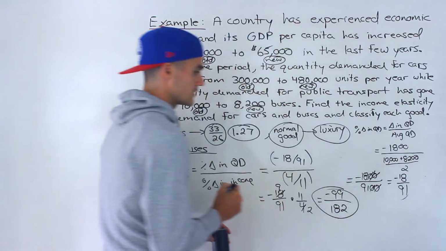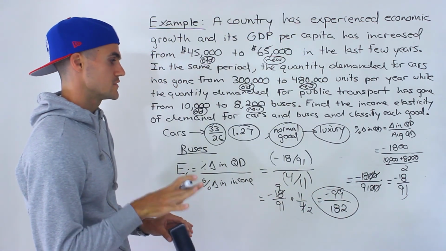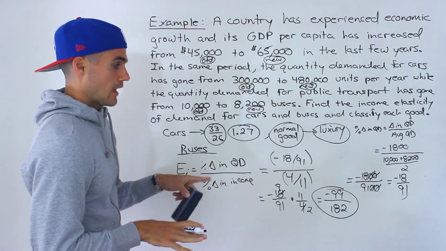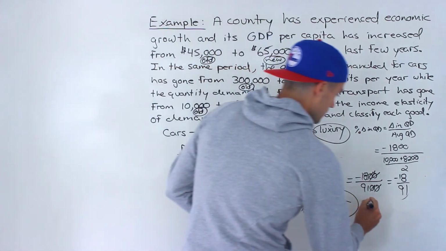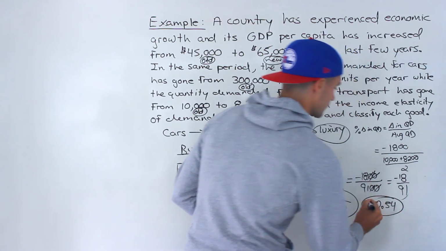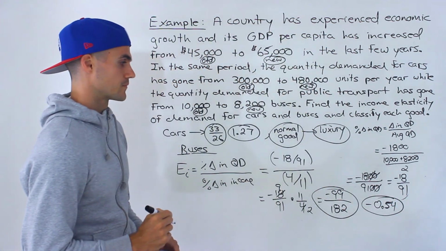And so that's what the answer would be in a fraction format for the income elasticity of demand coefficient for buses. And then in decimals, this would end up being negative 0.54, which is going to be the usual format.